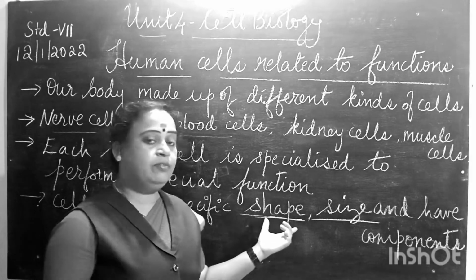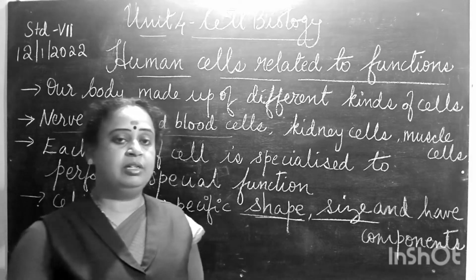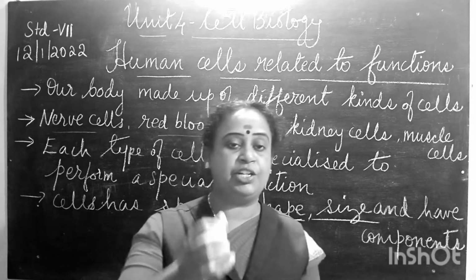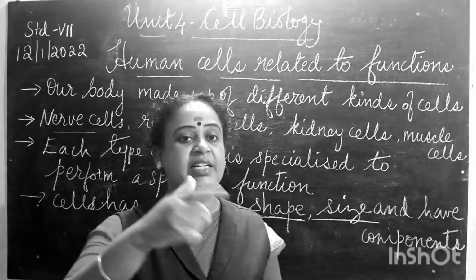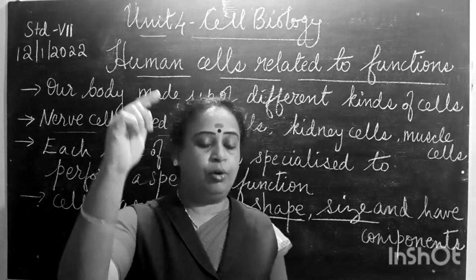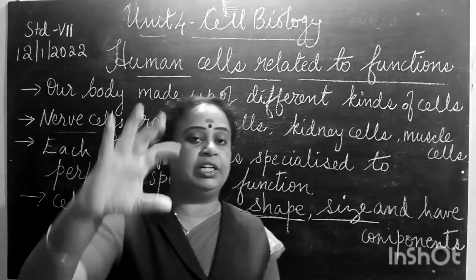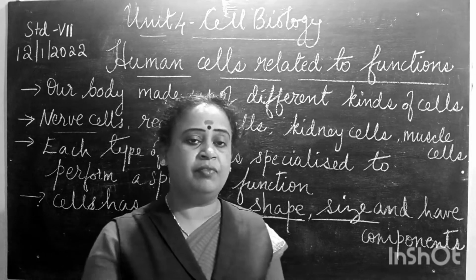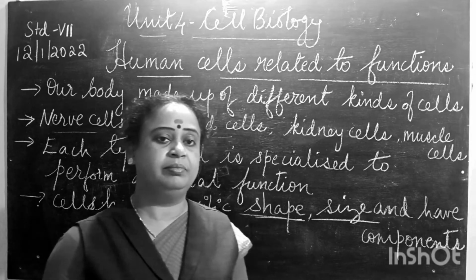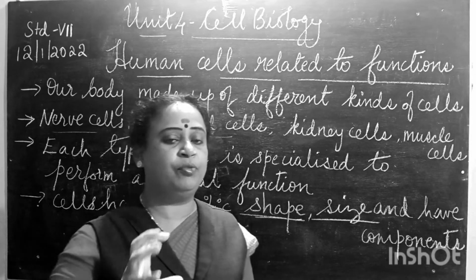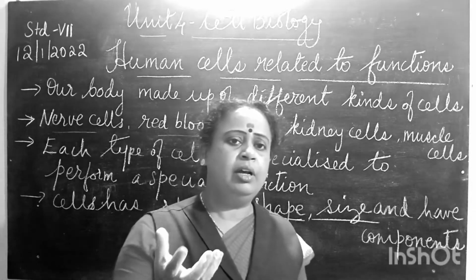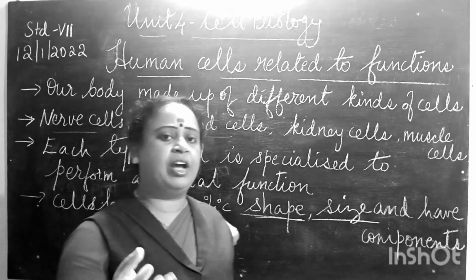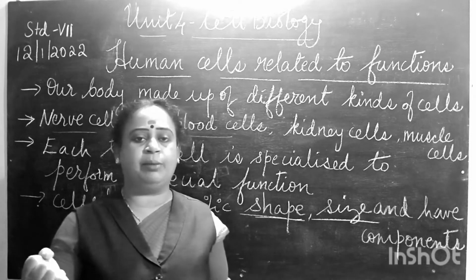Okay, so when coming to the shape of the cell, some cells will be circular in shape, some will be coin shaped, disc shaped, some will be long and elongated, some will be in the form of fibers, some in the form of globules. Yes, so these are all different types of cells.